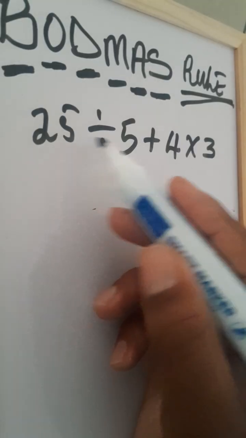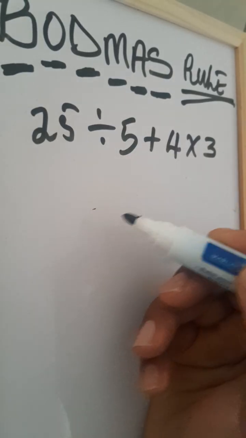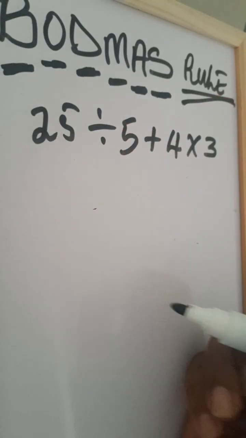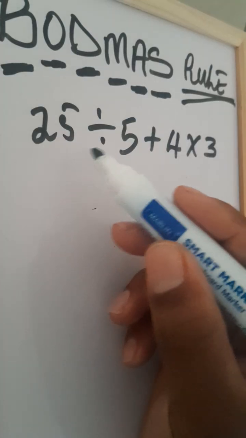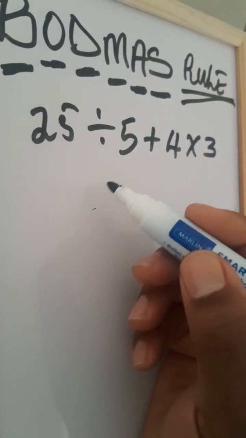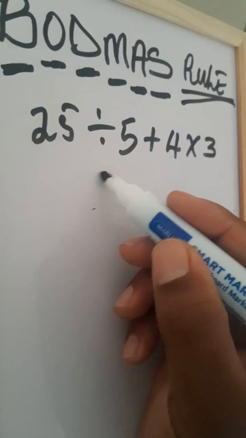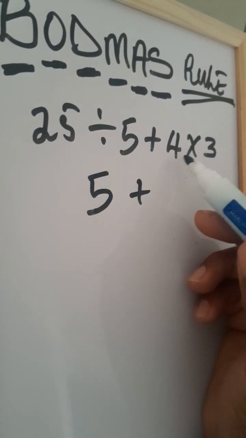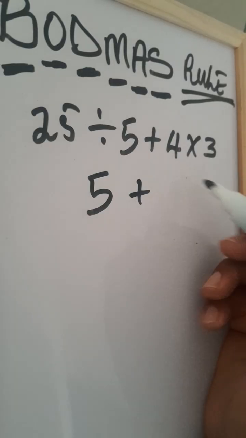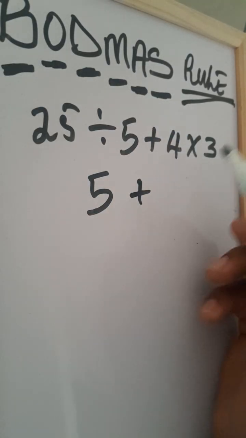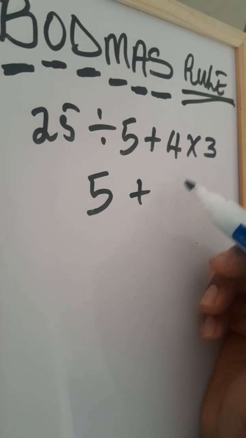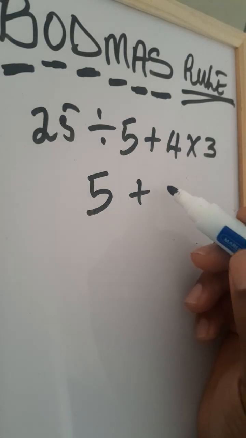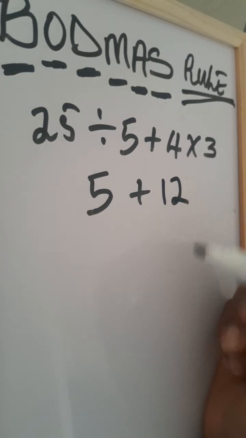So basically you will say 25 divided by 5 according to BODMAS. Start with division. Then when we say 25 divided by 5, it will be 5. Then the plus remains. Then we deal with multiplication, which is the second one. Then we say 4 multiplied by 3, it gives you 12.